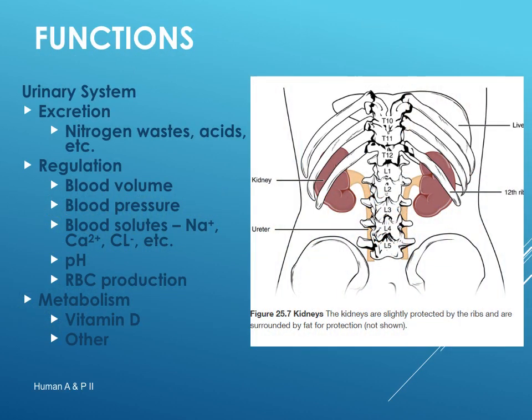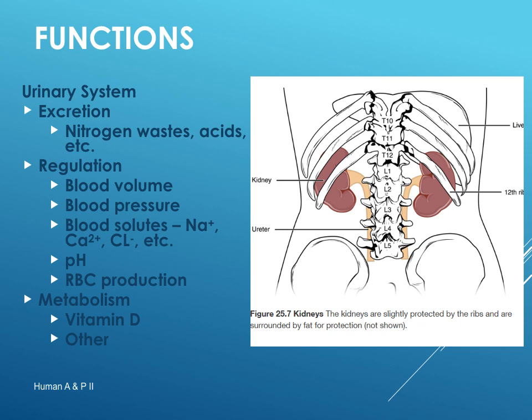Last time I introduced the urinary system, which functions to get rid of waste products like nitrogen wastes and acids. This system plays a big role in homeostasis, regulating blood pressure, blood volume, the amount of water, sodium, calcium, chloride, things like that.